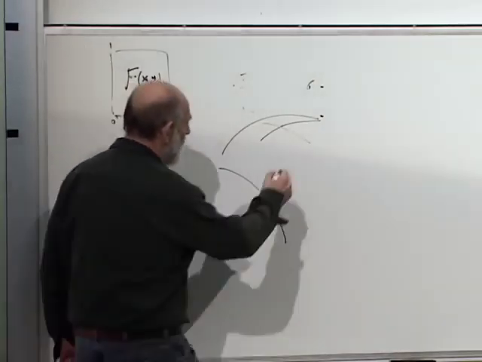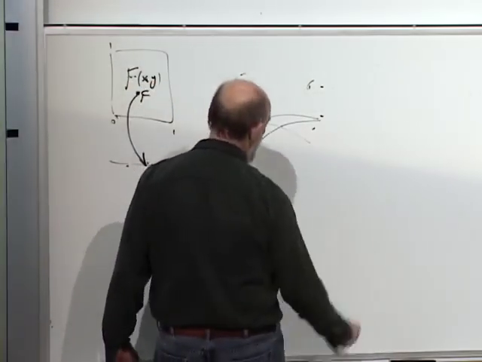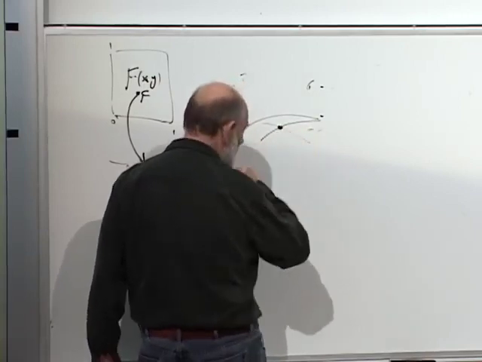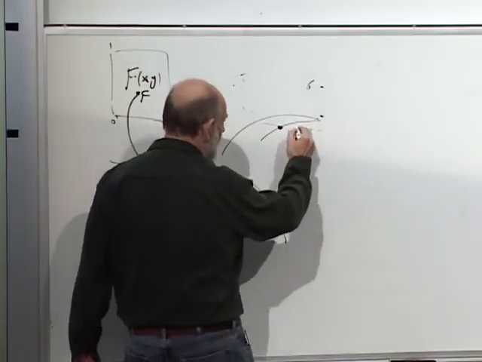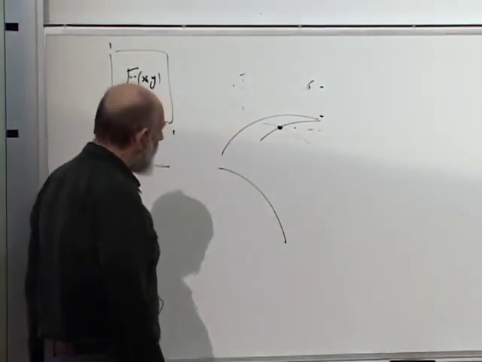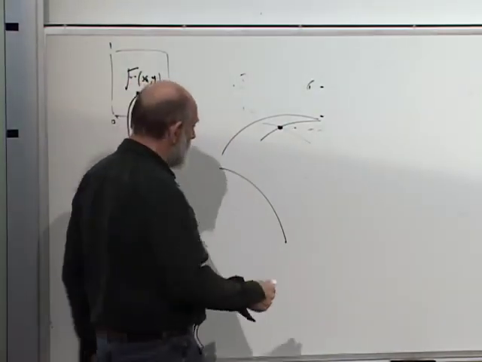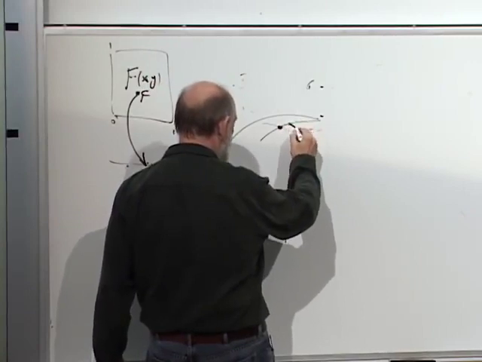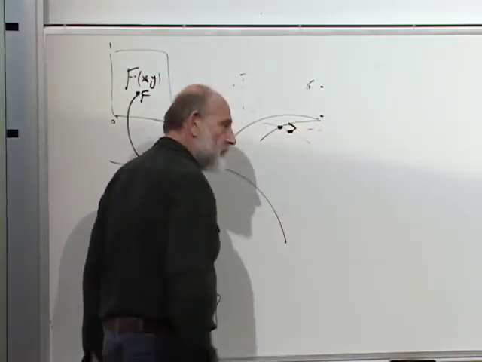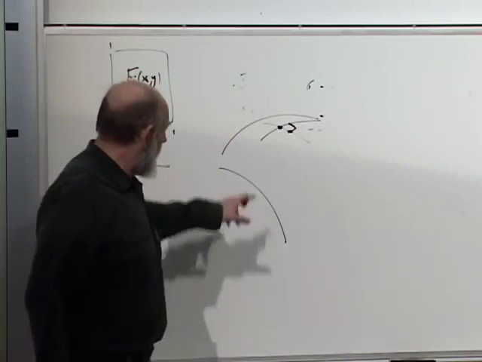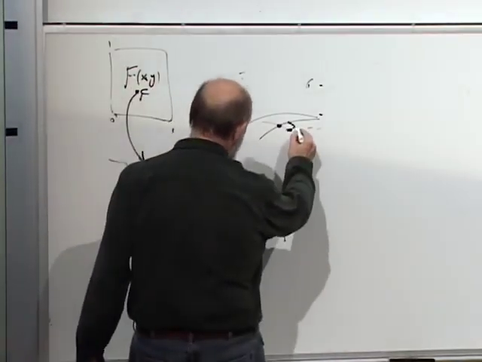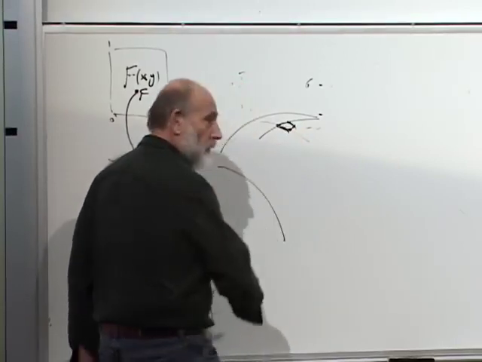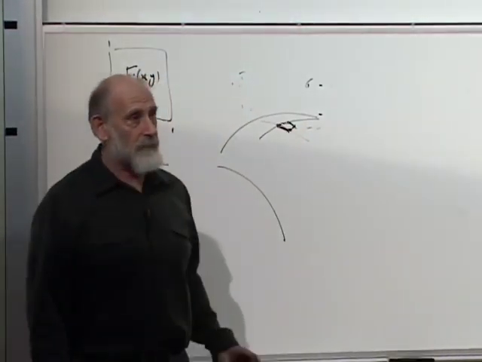And then any nearby point close to this point over here, we can assign a pair of coordinates by dropping perpendicular geodesics to here and perpendicular geodesics to here, right? And then assign this point the coordinates equal to this distance and that distance. Is that what you mean by geodesic coordinates?